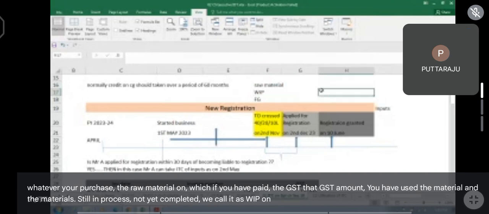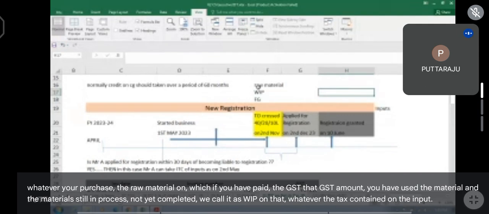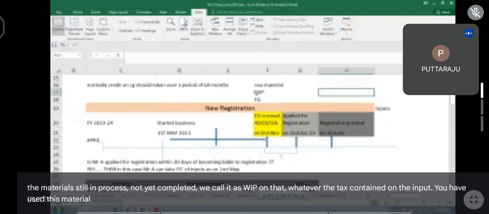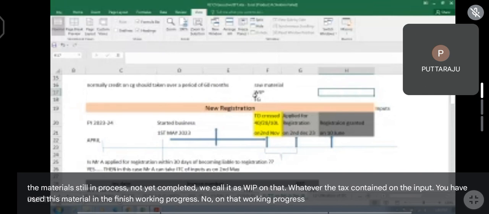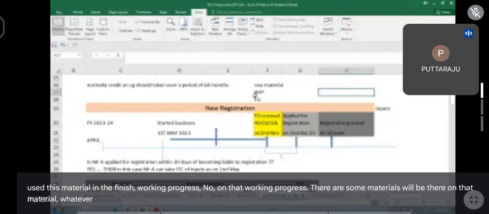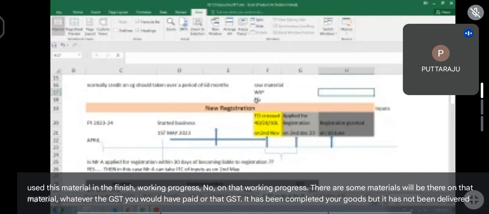On that, whatever the tax contained on the input, you have used this raw material in the finished work in progress. On that work in progress, there are some materials, on which you would have paid GST. Or the goods have been completed, but not yet delivered or sold to the customers.